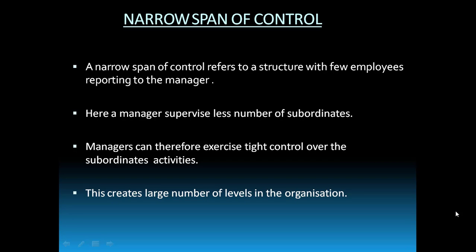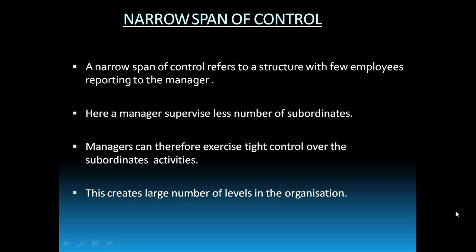Now, this we can understand with the help of an example of a classroom. In a classroom, if there is one teacher for only 5 students, what will happen? The one teacher will be able to keep an eye on all the 5 students at a time because 5 students is a very small number.